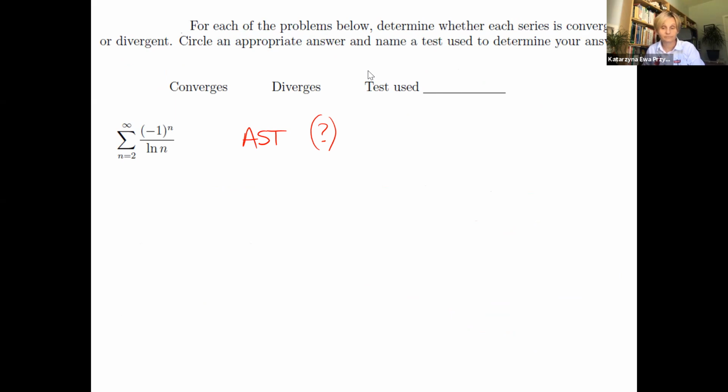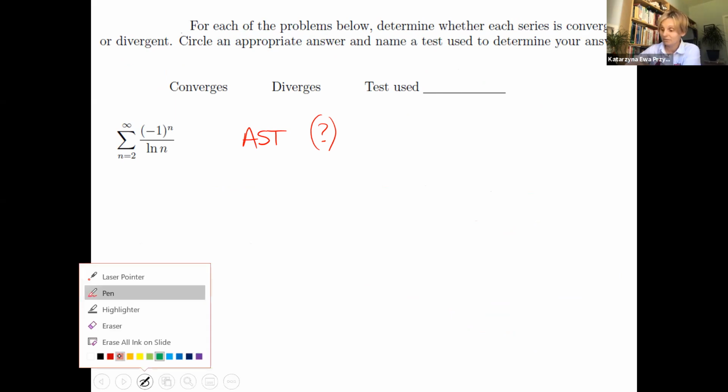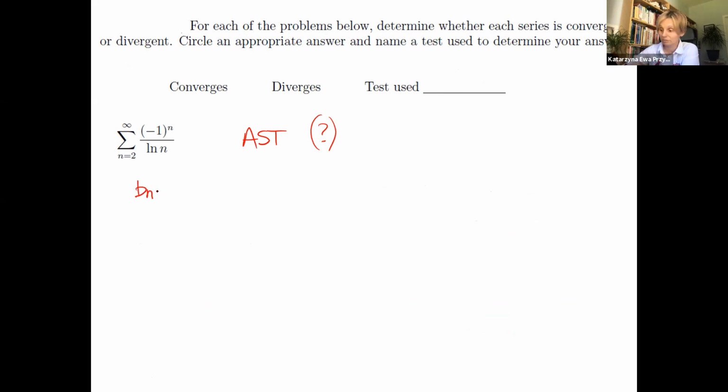Okay, but now let's see AST. We have to pull out the positive part, I mean the main values, ignoring for a second (-1)^n, b sub n. And yes, I can see Cameron is listening. Okay, b sub n is positive.